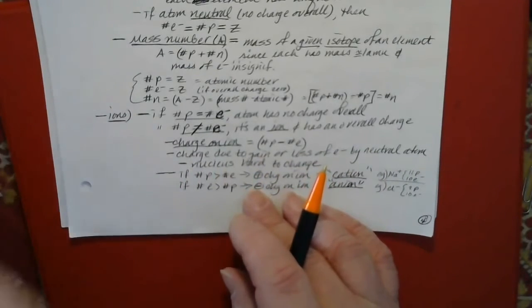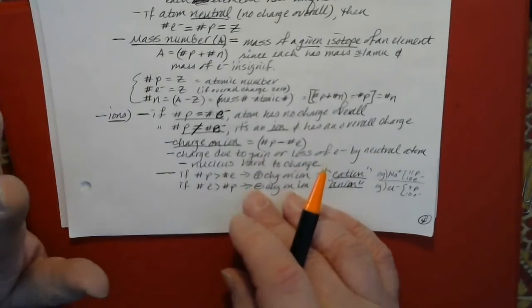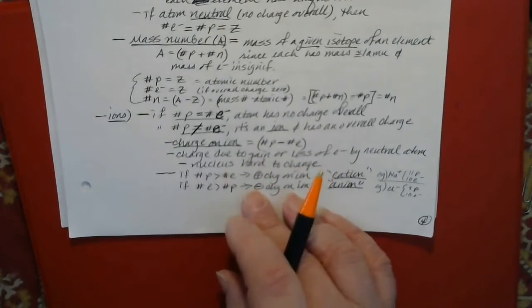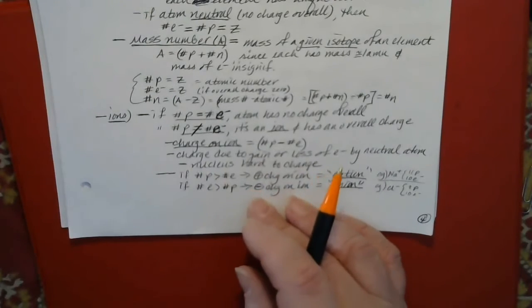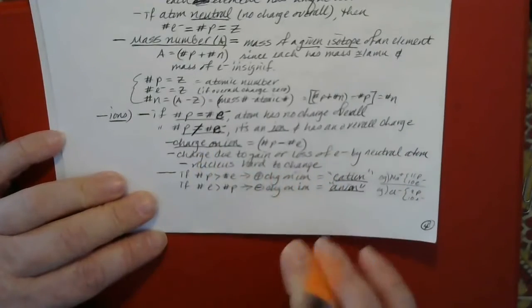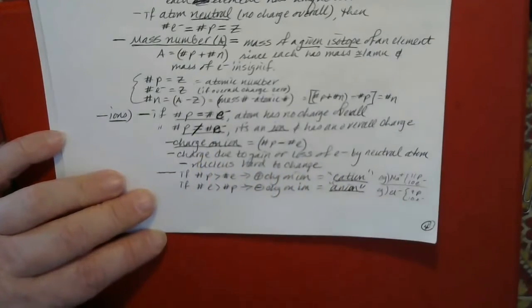The number of protons doesn't change because, for one thing, if it does change, you've got a different element, but also because the protons are hidden down there in the nucleus and they're really hard to add or remove. So it's always a change in the number of electrons that turns an atom into an ion or an ion into a different ion.